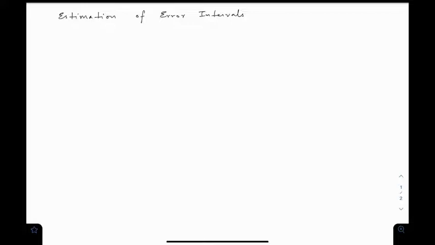Now, the term measurement error, which is normally used by scientists, is a somewhat misleading term. A more precise term is the measurement uncertainty.